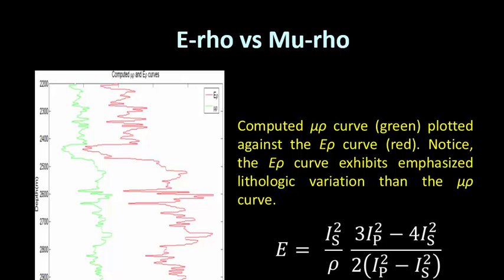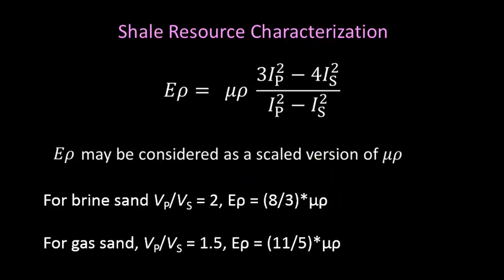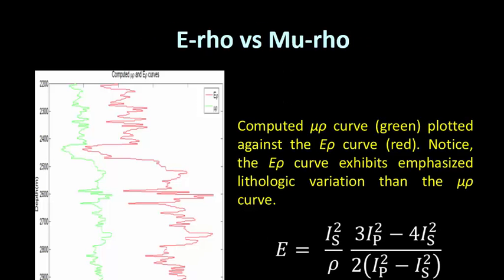This is one aspect. The other one is the thing that I mentioned about the density part. I will show in a moment how E-rho varies exactly like the Young's modulus. But the reason I say that E-rho is a scaled version of Mu-rho is, you look at this formula, this is E, and then you multiply by rho on both sides, you get IS squared is Mu-rho.